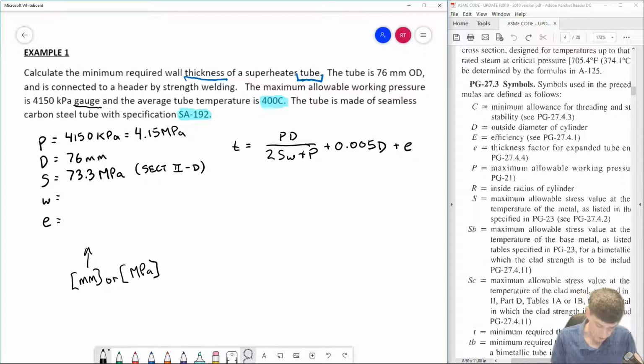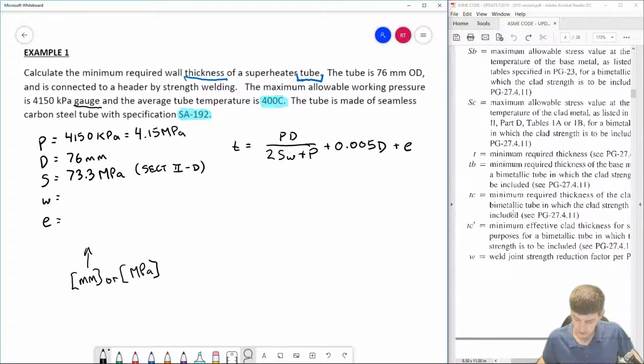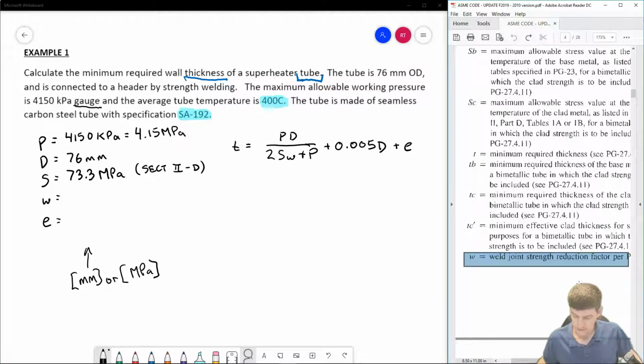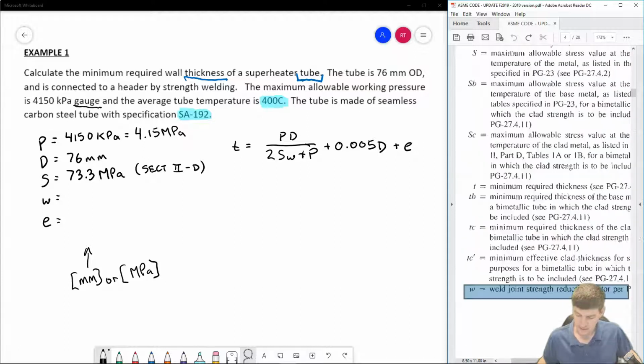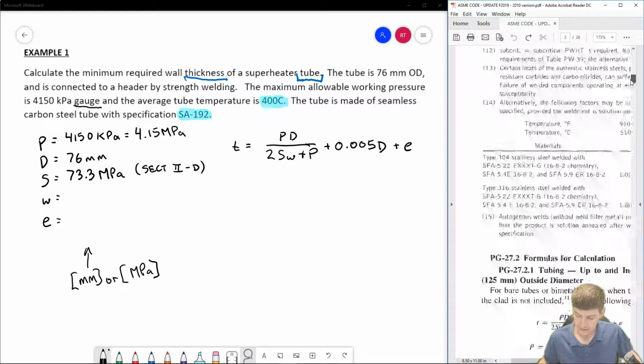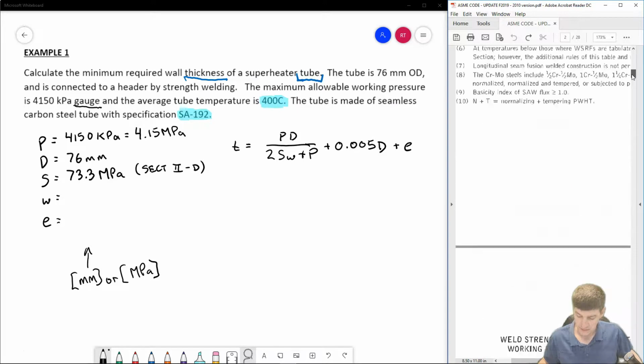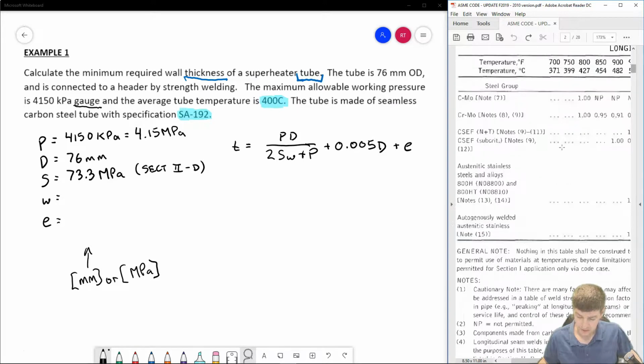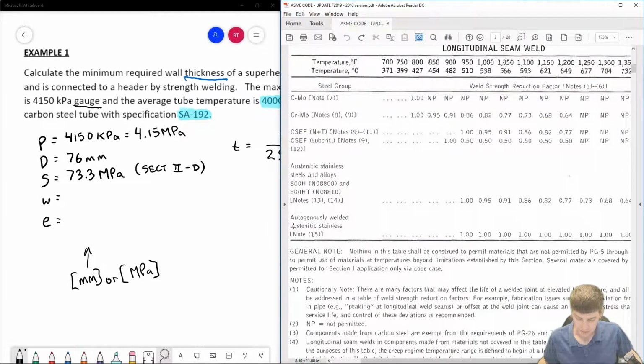Okay. My W is my weld strength reduction factor. Okay, so I have my weld strength reduction factor, and in order to find that, we scroll back up, and we have all of these tables. The first thing that we're going to note is that these tables only really start to come into play if we have temperatures that are up in the 450 to 500 degree range.